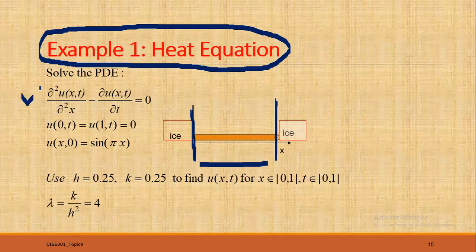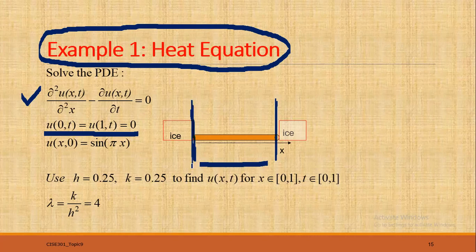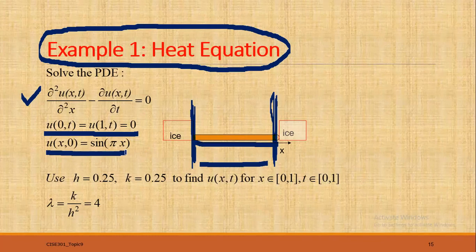So this is the equation, a one dimension simple heat equation. Now this is the boundary condition: when x is equal to 0, the temperature is 0. When x is equal to 1, again the temperature is 0. And the initial condition is sine pi x.